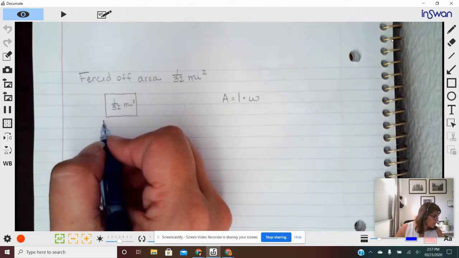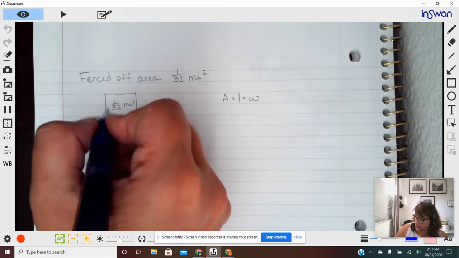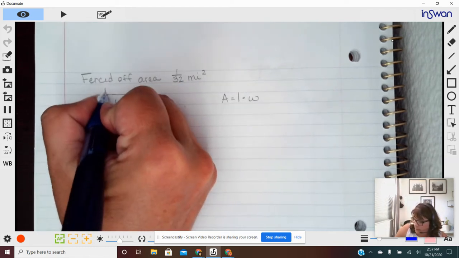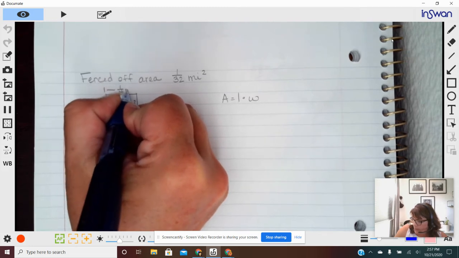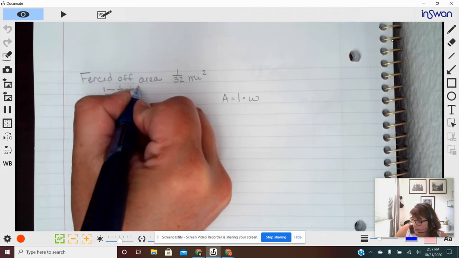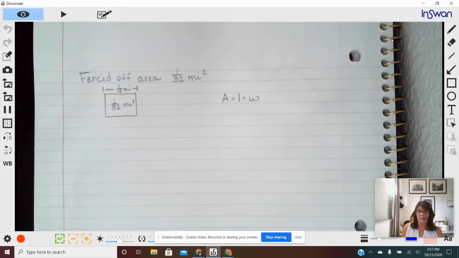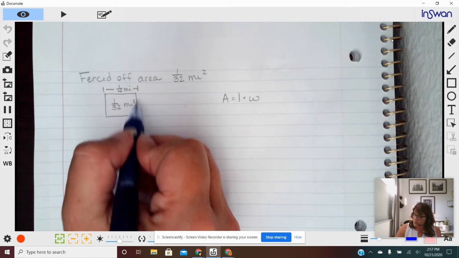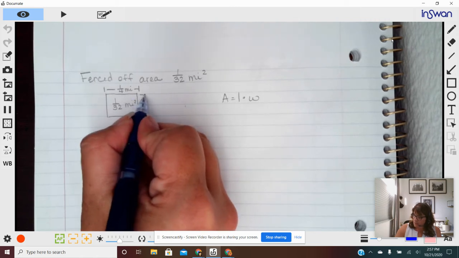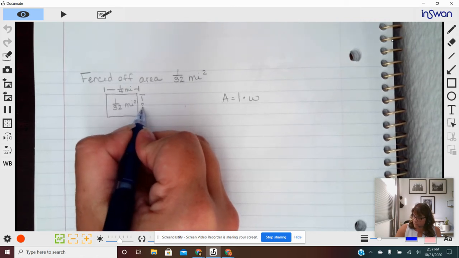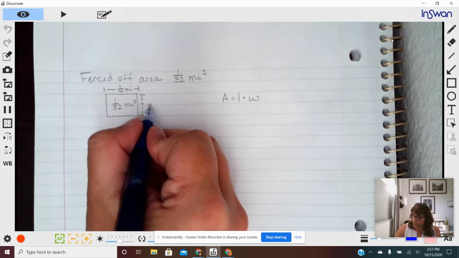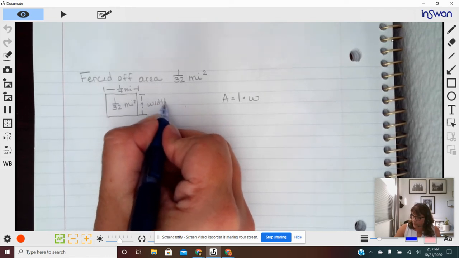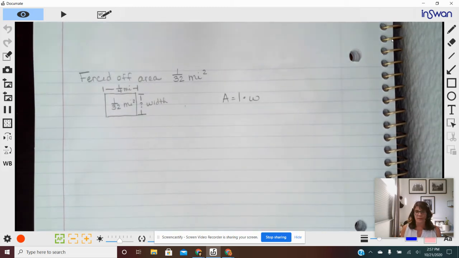And then the problem also tells me that the length, this is 1/4 mile. That's 1/4 mile, one length of our track. So the part we're missing is we don't know what this is. We don't know the width. And whether it's width or length, it doesn't matter.